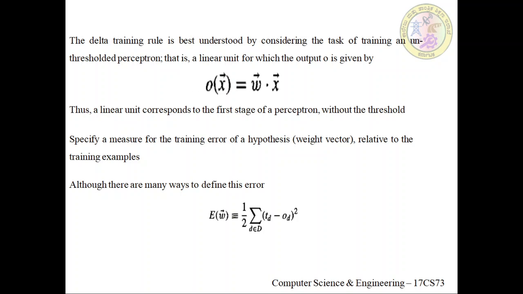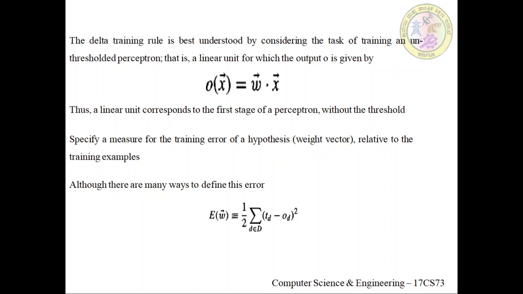In order to derive the weight learning rule for this unit, let's begin by specifying a measure for the training error of a hypothesis, that is, a weight vector, relative to the training examples.